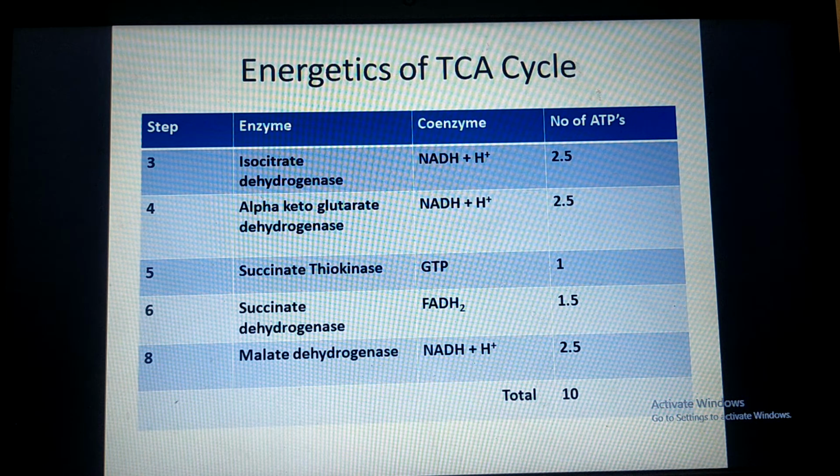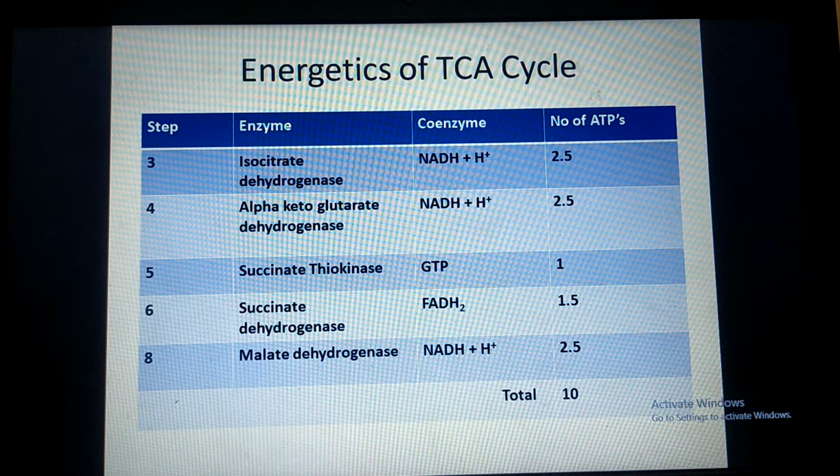This FADH2, when it enters into the electron transport chain, gives 1.5 ATP molecules. Lastly, in the eighth step, malate dehydrogenase causes oxidation of substrate by removing two hydrogen atoms which are accepted by NAD to form NADH, and this NADH also gives 2.5 ATP molecules in the electron transport chain.